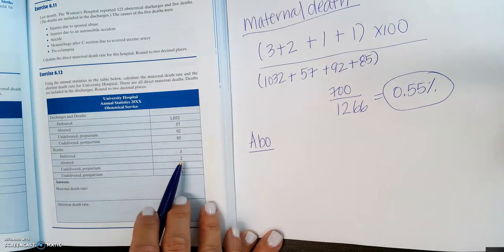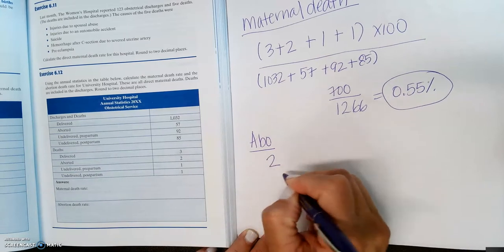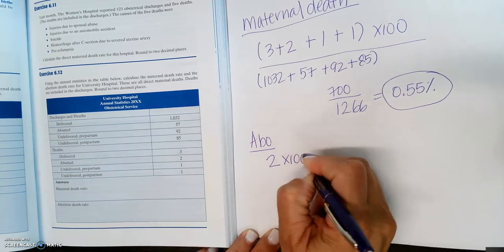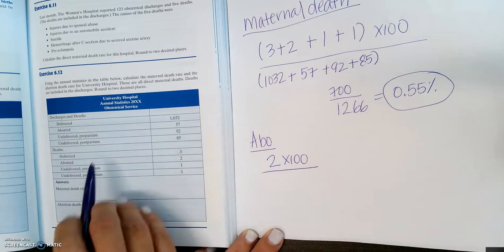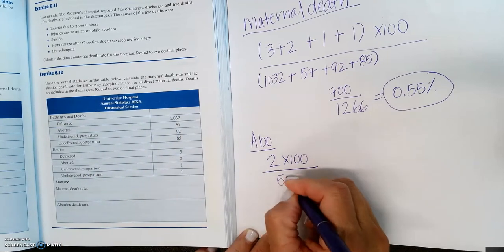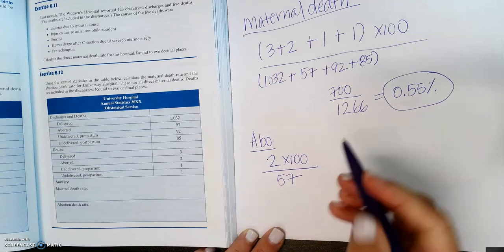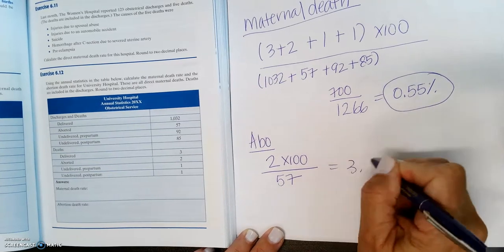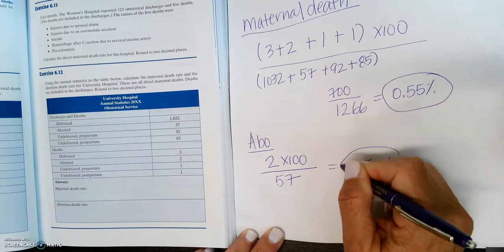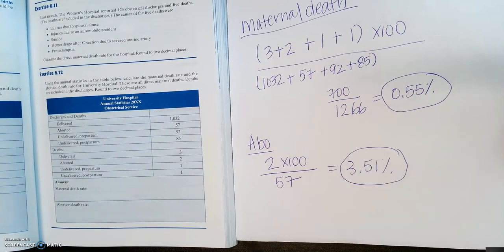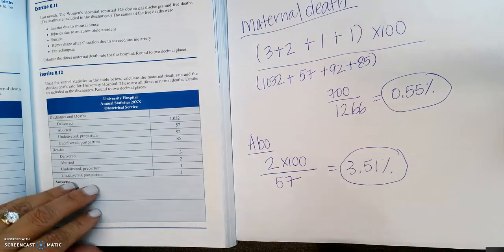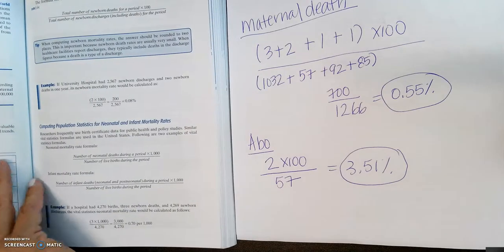We've got 2 deaths multiplied by 100 over the potential of we could have had 57. So we've got 2 actual over 57 potential. And that's going to give us 3.51% for the abortion death rate. So hopefully that helped, seeing that.